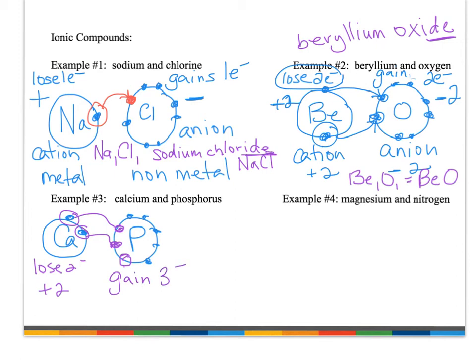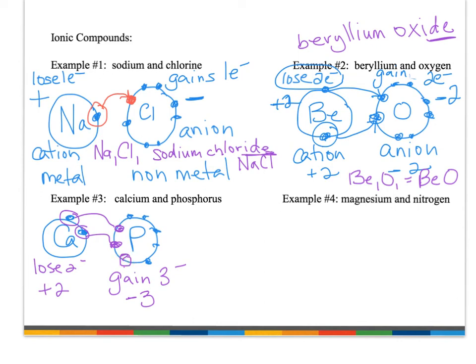So you can see here that it needs 1, 2, 3 electrons in order to become stable. So that means that it has a charge of -3. When calcium gives up 2 electrons, it becomes stable because it no longer has that valence electron shell. Phosphorus, though, is not quite stable yet because it's still missing 1 electron.